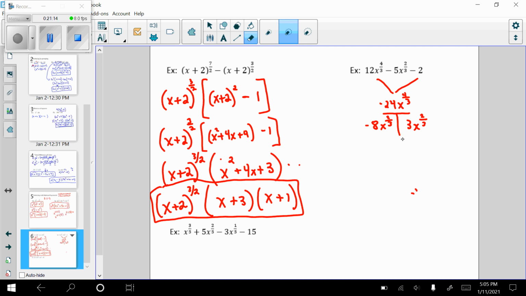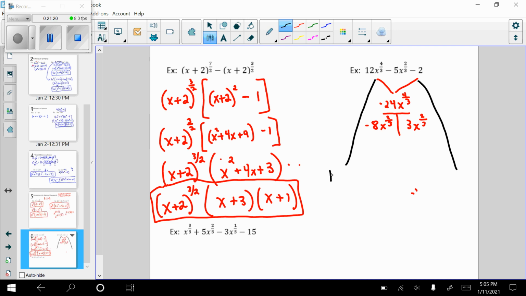Okay, so now I'm going to bring down that first term, 12x to the 4/3. Bring down my minus 8x to the 2/3 plus 3x to the 2/3 minus 2.